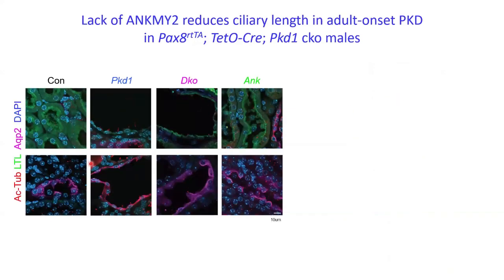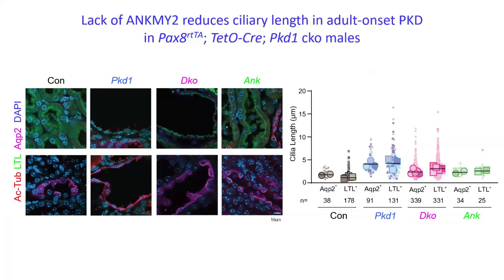Next, we co-immunostained kidney sections to see the ciliary length with the ciliary marker acetylated tubulin. The quantification shows ciliary length in both proximal tubule and collecting ducts in the PKD knockout is longer than controls, and the length was significantly reduced in the double KO.